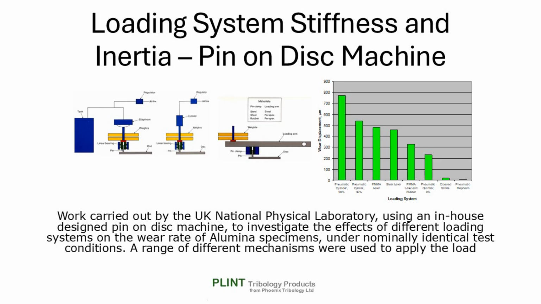For the NPL tests, a range of different mechanisms were used to apply nominally the same load on a pin-on-disc machine. Substantial variations in wear rate were generated simply by altering the dynamics of the loading system.